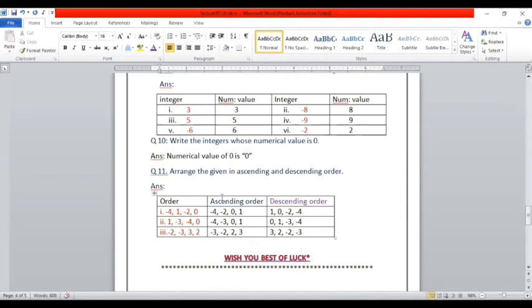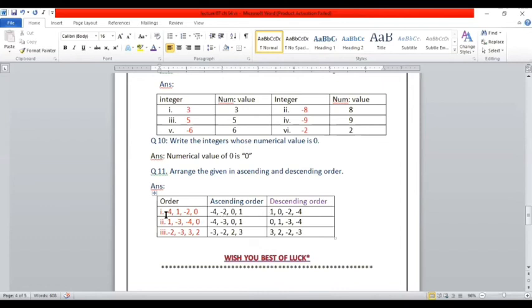First, ascending order, which starts from the small value and ends on the big. Similarly, in ascending we go from small, and in descending from big to small.